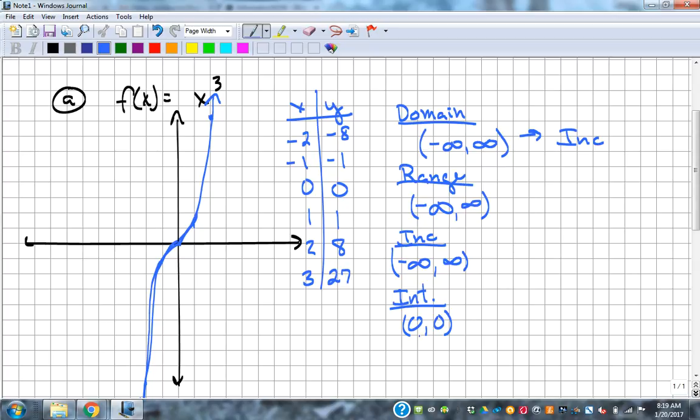Now, when you start adding other stuff to it, that's when the shape gets that kind of hump shape in the middle where you get a local max and a local min. That's how you can get some different intervals of increase and decrease when you start changing this. So its basic form is really straightforward.